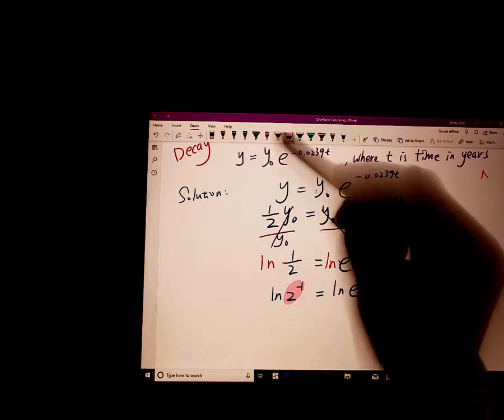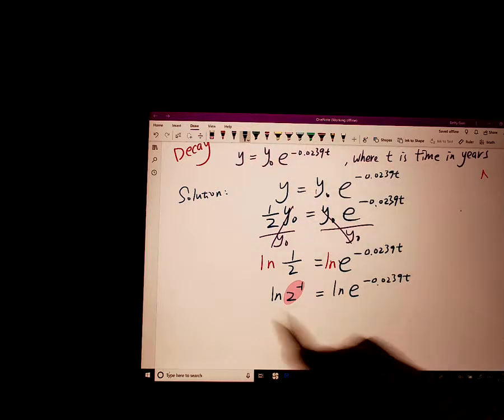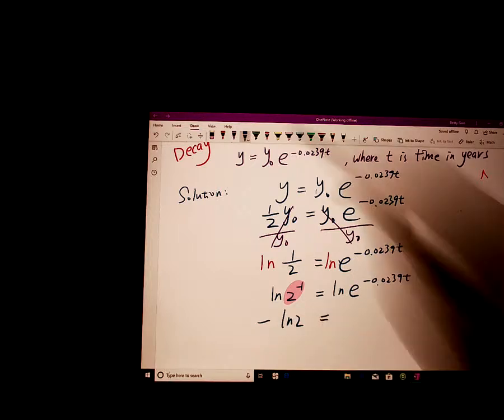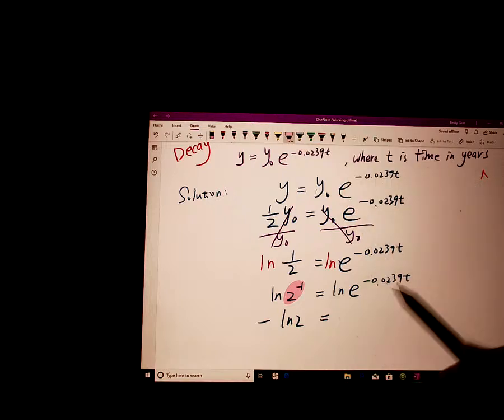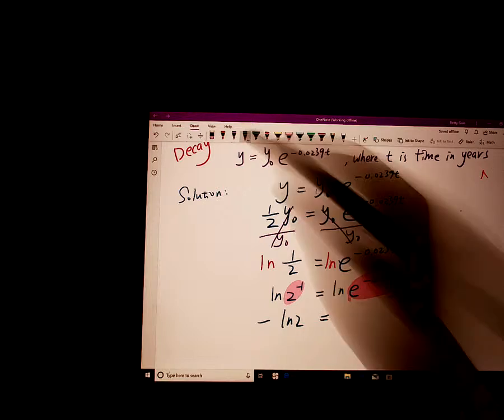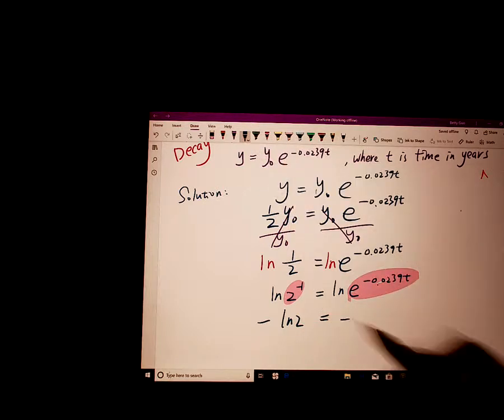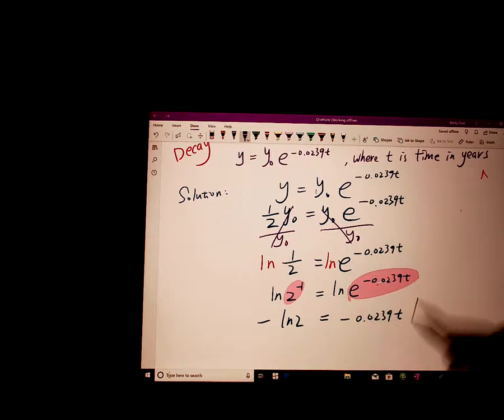That's a power. By the power rule, we are able to move negative 1 in front. So we have negative ln 2 on the left. The argument of the logarithm on the right-hand side is also a power. By the power rule, we are able to move the exponent negative 0.0239 t in front of the logarithm.